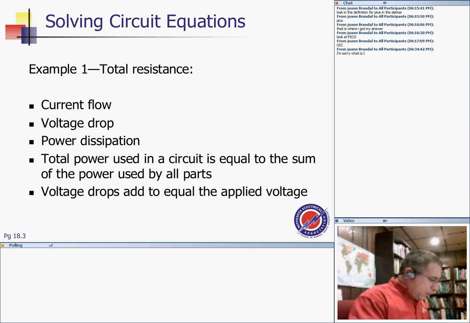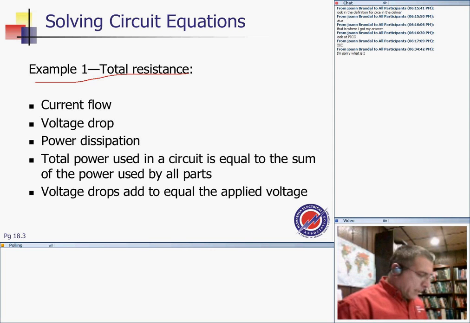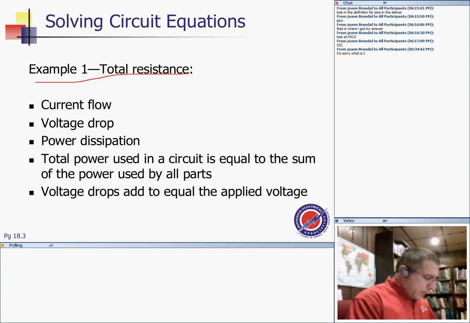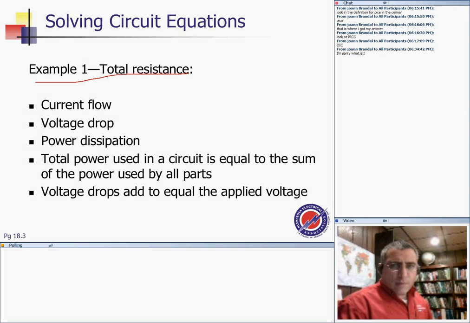The example that I'm going to go over is example 6-1. Let me see if I have it here so I can show it.